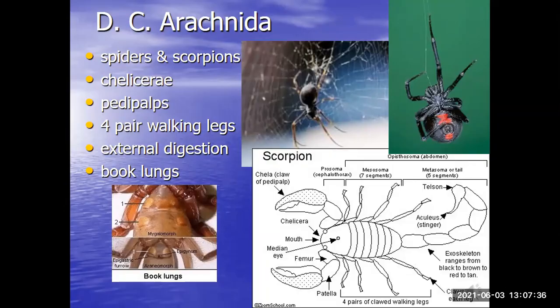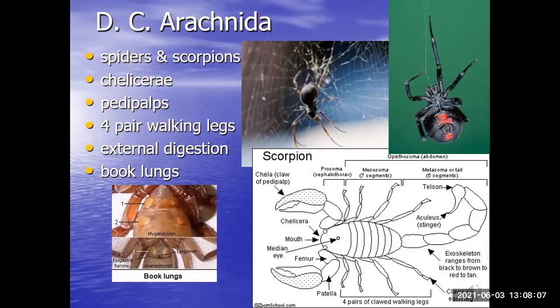But also, what you may not realize is that the spider also injects it with protease, which is a chemical that's going to break down the fly. It's going to put some enzymes in there, and over time, that fly will break down. Then the spider comes back after a few hours or so and sucks that right up. So that's external digestion.